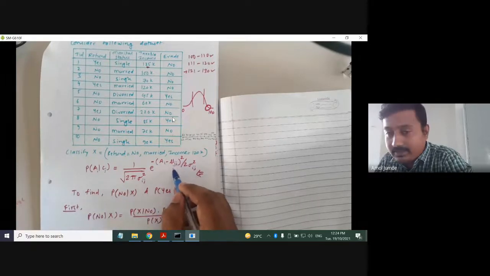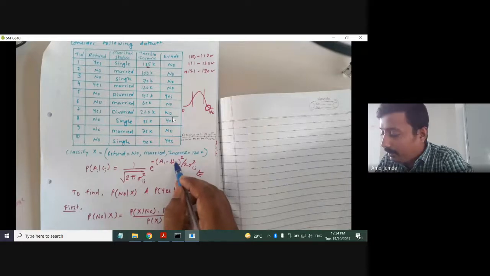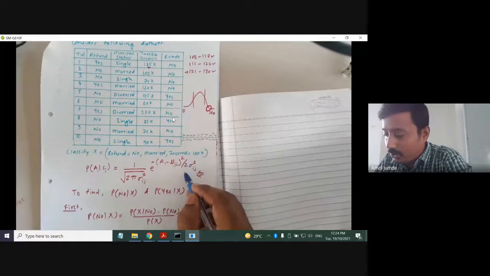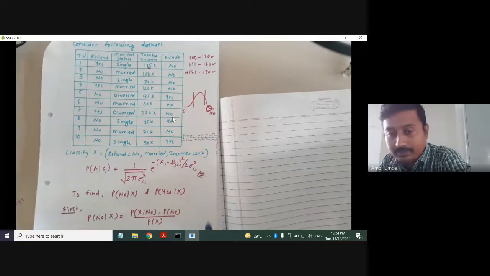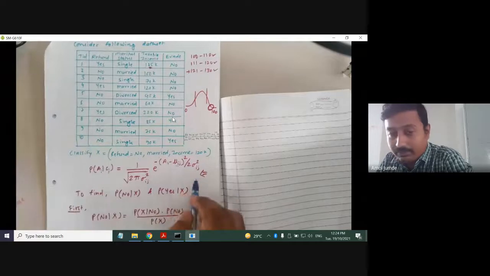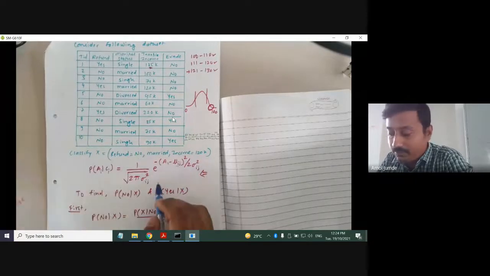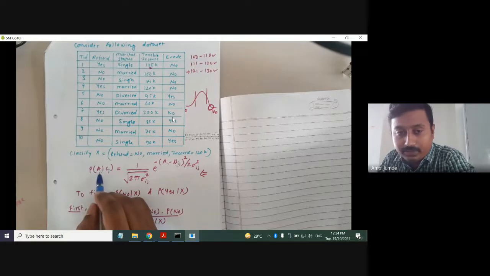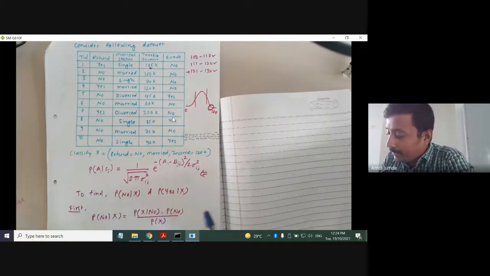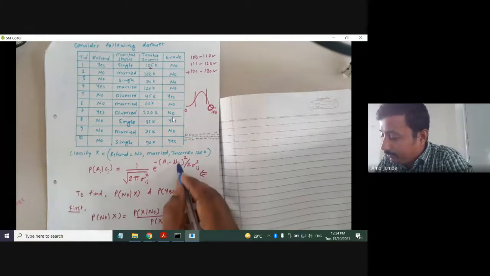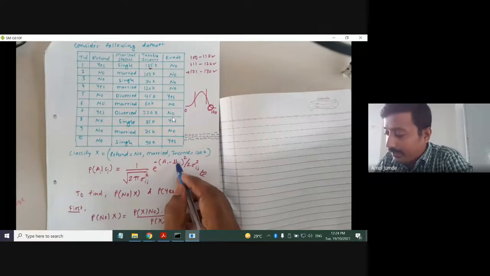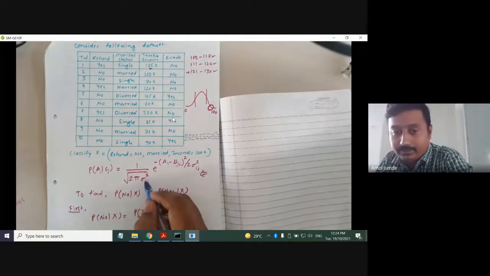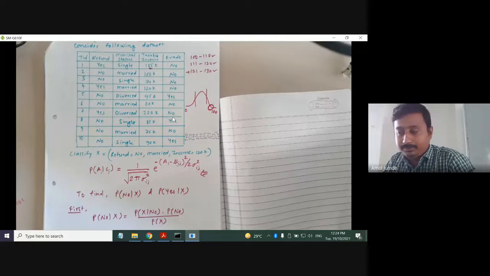This mu ij is the mean of the given values. We are going to use this equation for calculating the conditional probability of the continuous valued attribute. We can calculate mu by taking the mean, and we'll calculate the variance. So let us solve this problem.